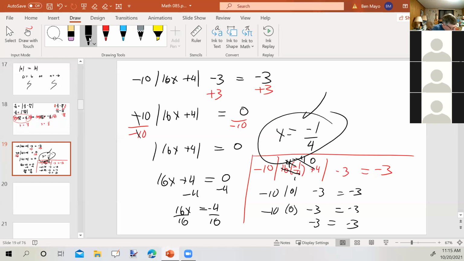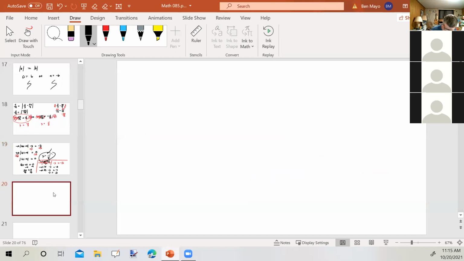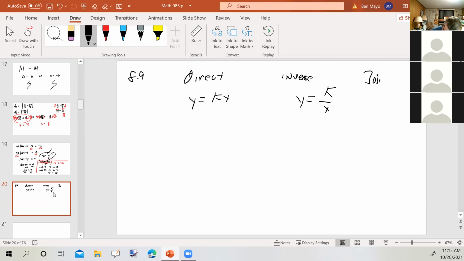Lastly, we had variation. And I did a great example of screwing those up earlier this morning, as you will recall. But in section 8.9, you've got direct variation, inverse, and joint. In each case, K is on top in the formula.